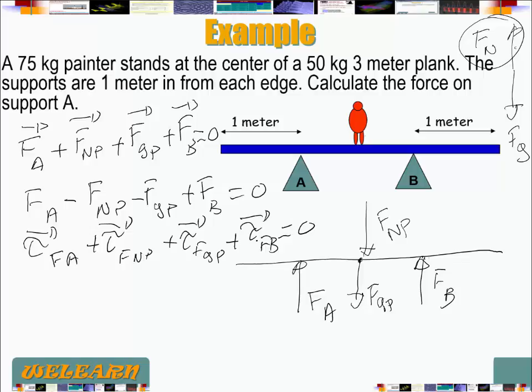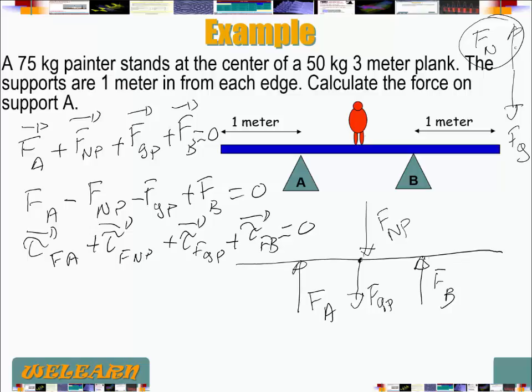To be able to calculate the torques, I have to choose a pivot point. And of course, we can choose the pivot point anywhere we want, but by choosing the pivot point at the right location, we can make our task a little easier. For example, the question here is not asking us about FB.